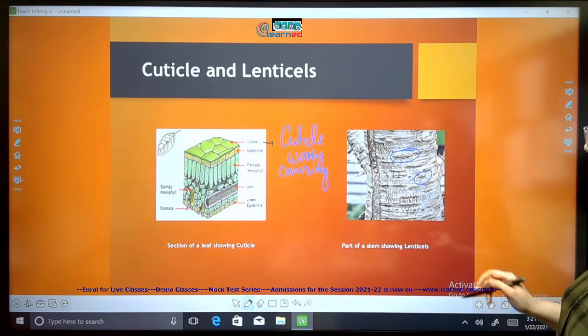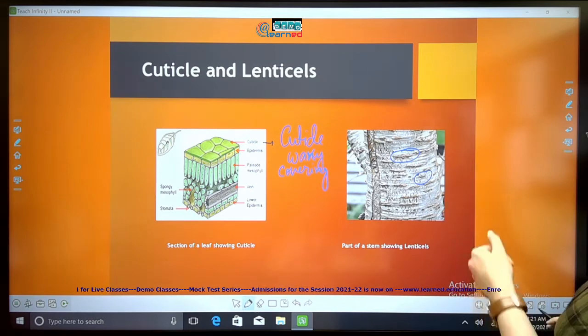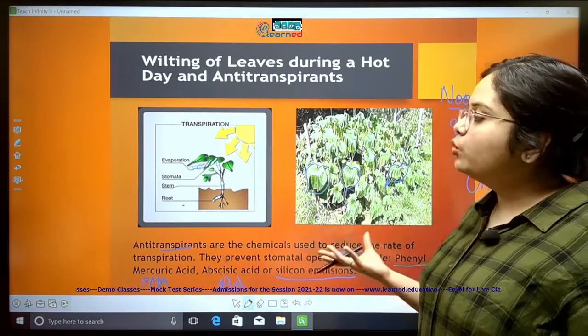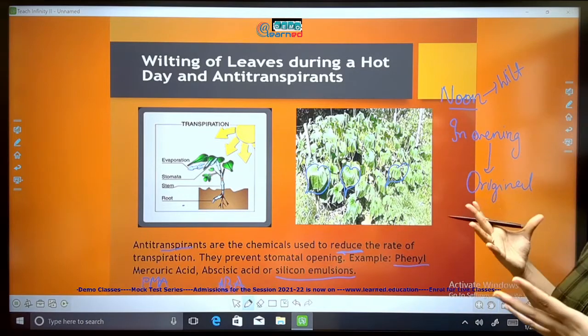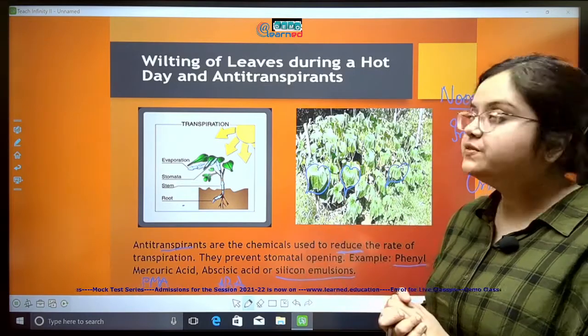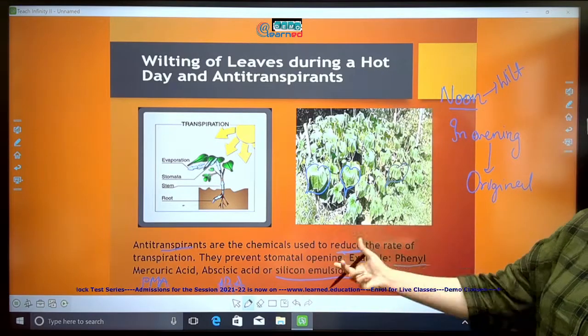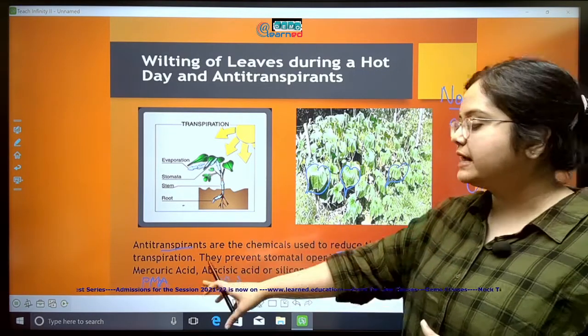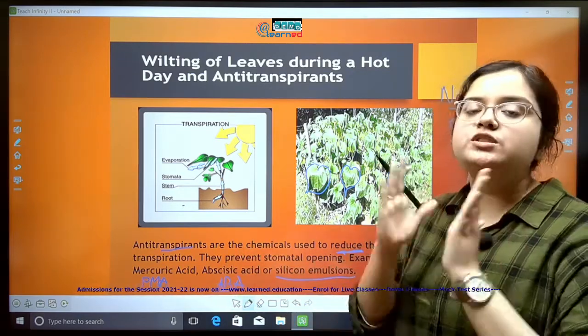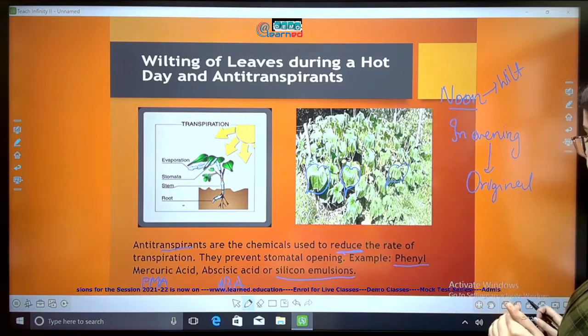These are lenticels, openings on the stems of plants. We showed you how great rates of transpiration will lead to the wilting of leaves. For that we need the antitranspirants like phenyl mercuric acid or abscisic acid, which we can spray on the plants, which will close the stomata to reduce transpiration.